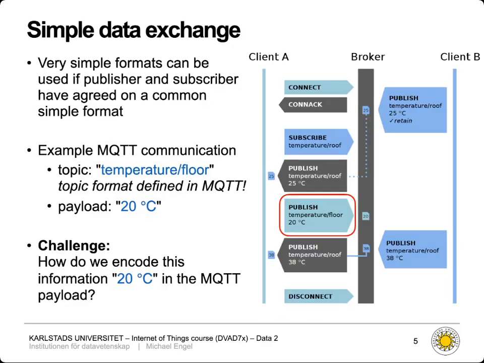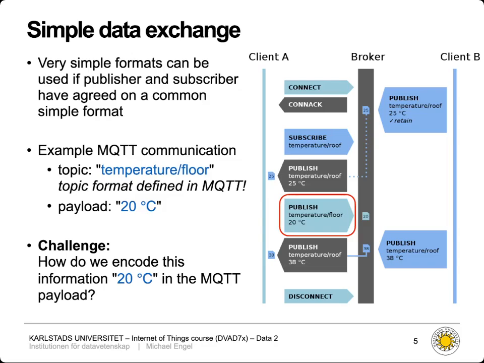So we have already seen this very simple data exchange, and there is no real standard describing which format data has to have when IoT nodes want to communicate. If you look at our network message diagram on the right-hand side, you see these boxes with the arrow on the side describe the publishing or subscription to certain amounts of data.